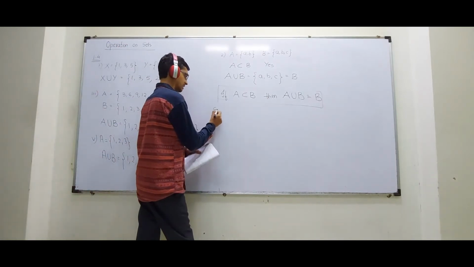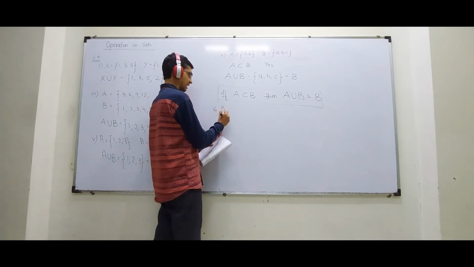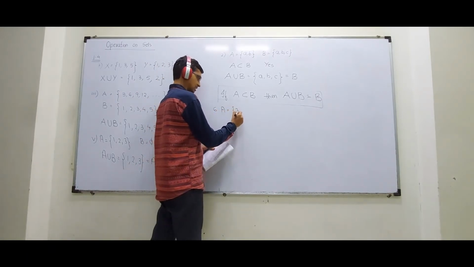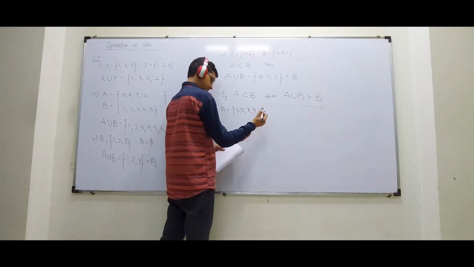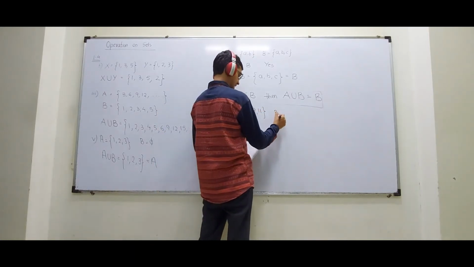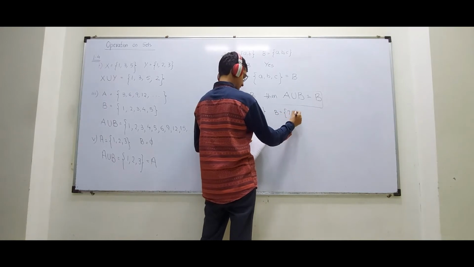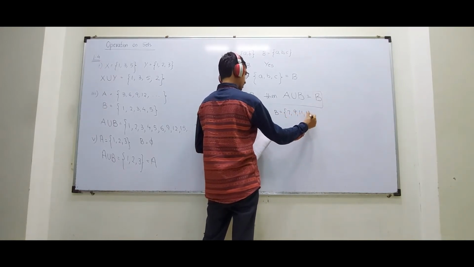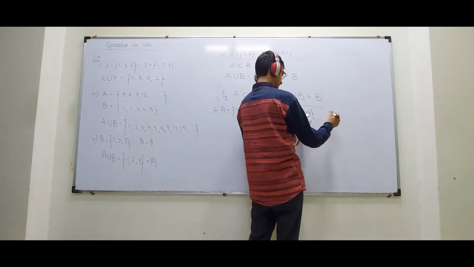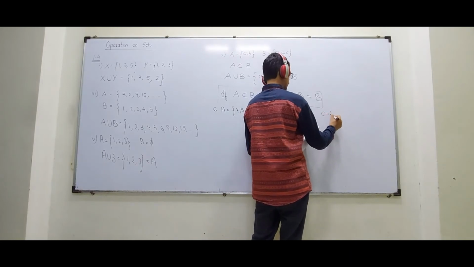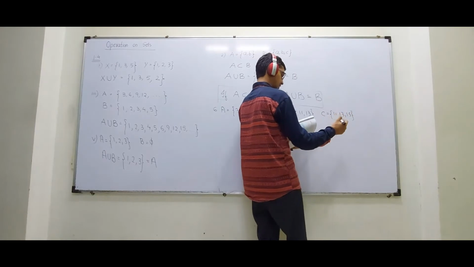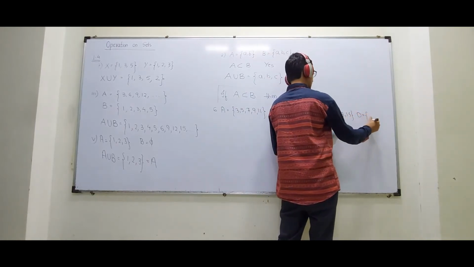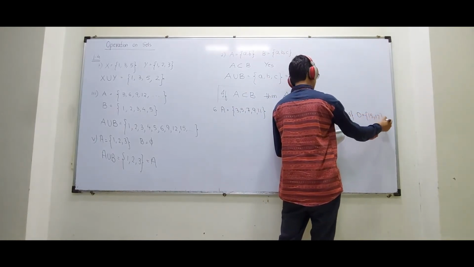So question number 6, they are talking about a set A as 3, 5, 7, 9, 11. Set B as 7, 9, 11, 13. Set C as 11, 13, 15. And set D as 15, 17.